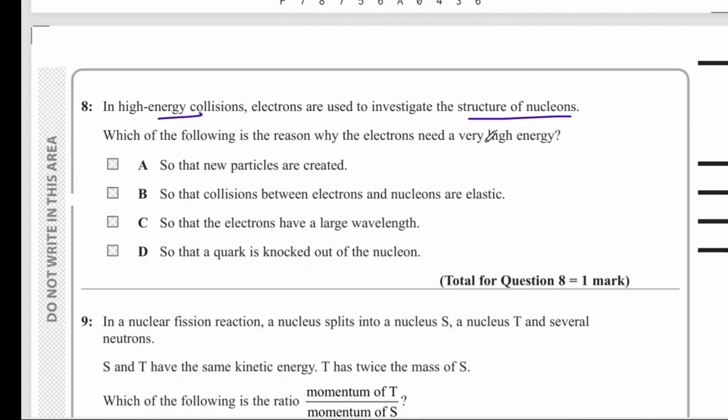So if electrons are used to investigate the structure of nucleons, we need to talk about why the electrons need a very high energy. High energy is needed because whenever the electron collides with another atom, it must create some sort of new particles, right? That is why I'm going to go with option A.